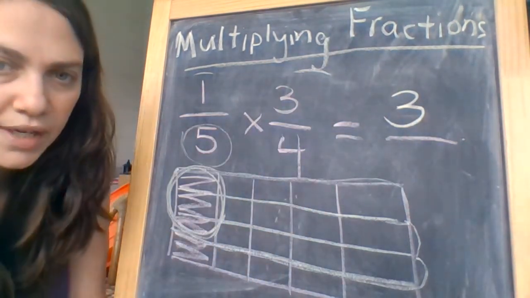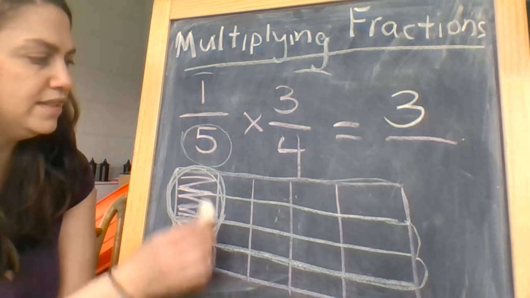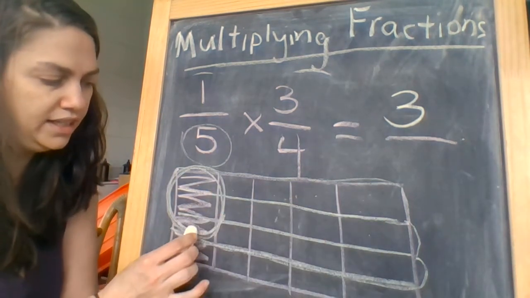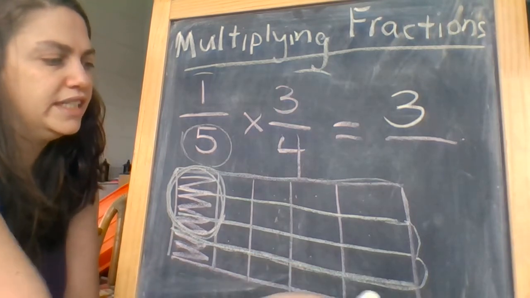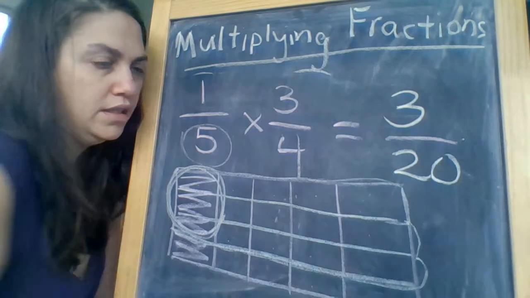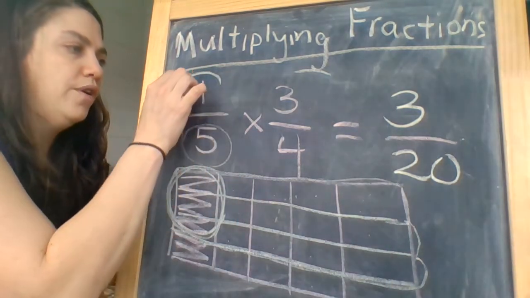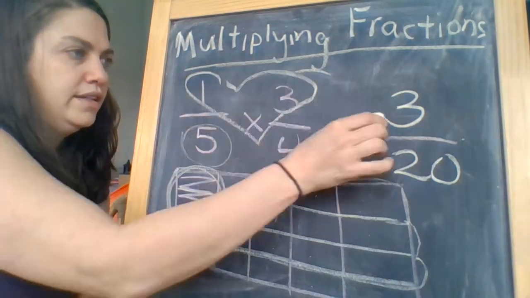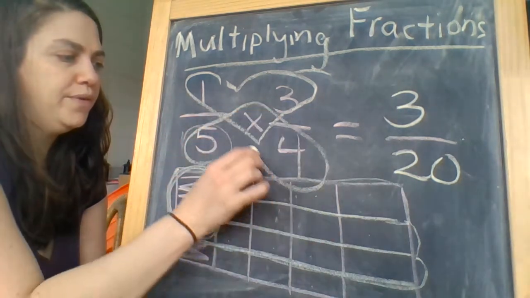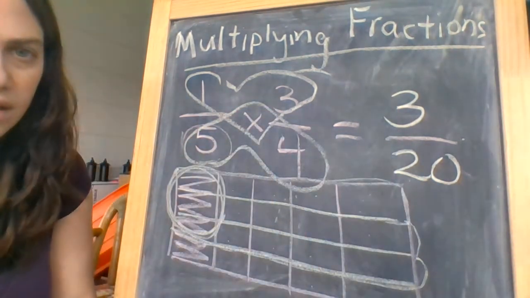Each of us would get 3 out of how many total pieces now? 1, 2, 3, 4, 5, 6, 7, 8, 9, 10, 11, 12, 13, 14, 15, 16, 17, 18, 19, 20. So let's take a look. 1 times 3 is 3. And 5 times 4 is 20.